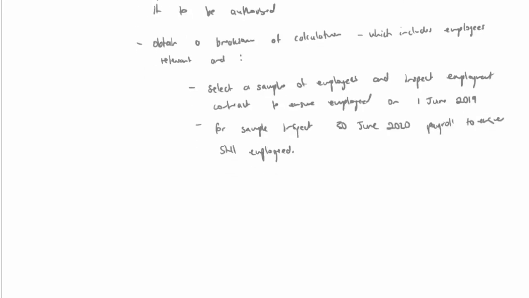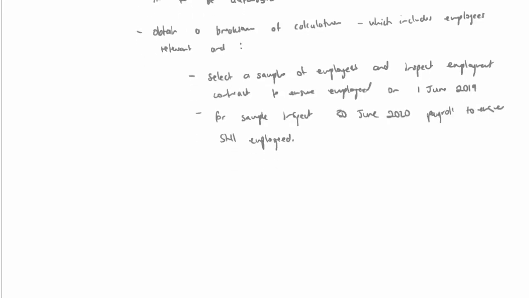Then, that's to test that what's included is valid. I want to make sure that all employees that were employed from 1 June 2019 to 30 June 2020 are included in here.